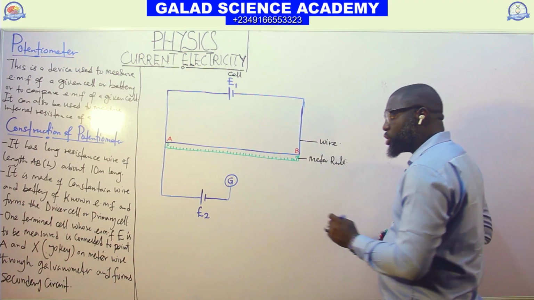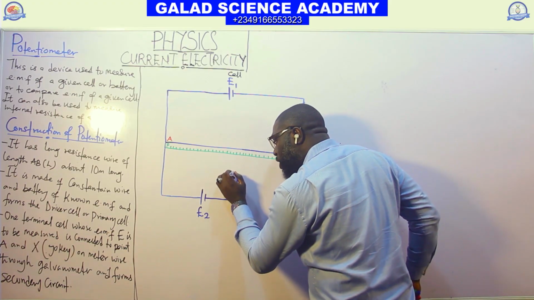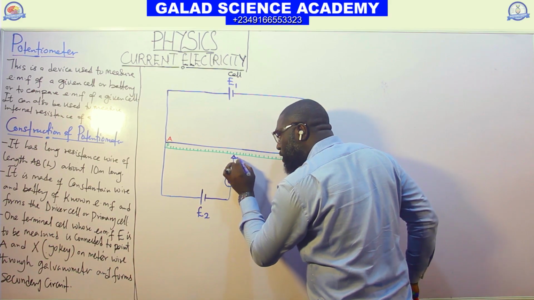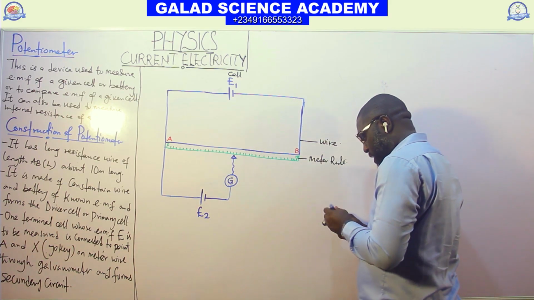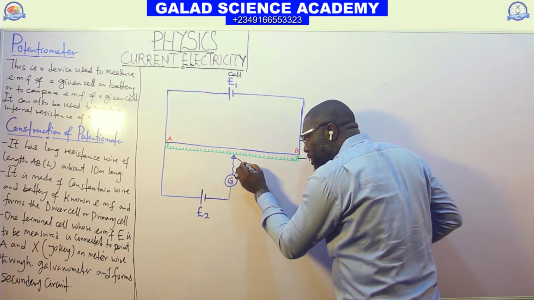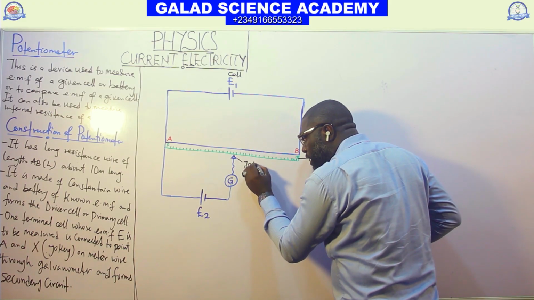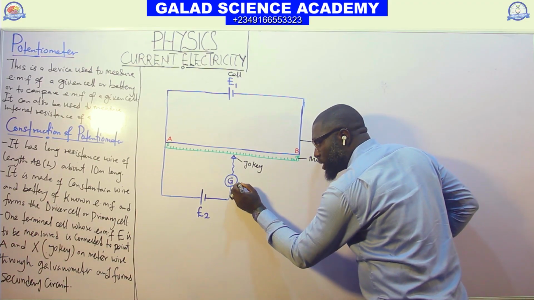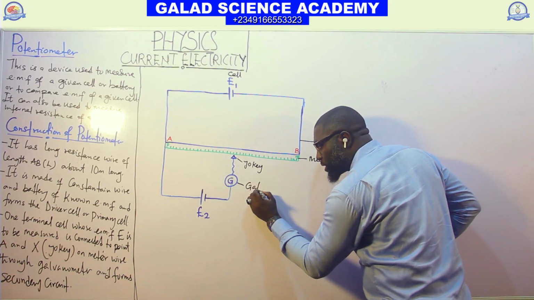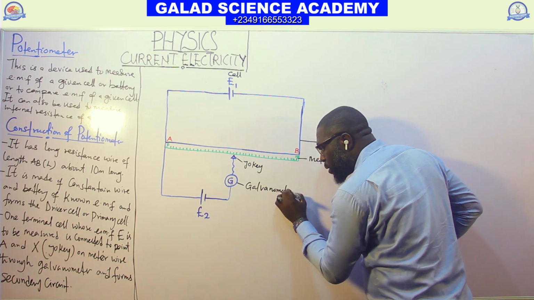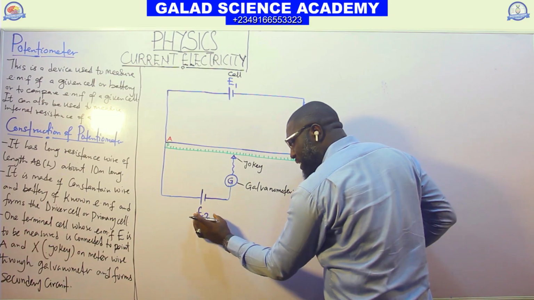Another wire now joins this galvanometer, and at this point here we have what we call the jockey. This is the jockey, and this is the galvanometer. This one is cell 2.